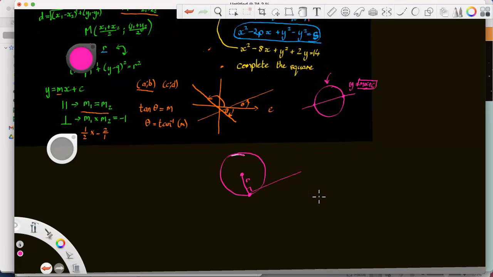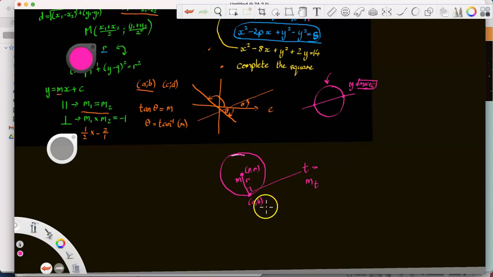So there I've got a line. Here's my line. Let's call that line T. It's my tangent, and T has a gradient of MT, and this one has a gradient of, let's call it MR. Its gradient is MR. So this is the point, and that's the center of the circle, P and Q, real numbers, and this will be the point, let's call it AB.